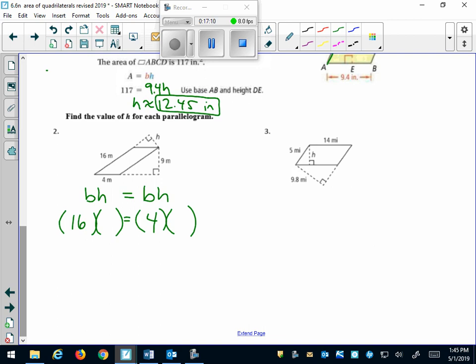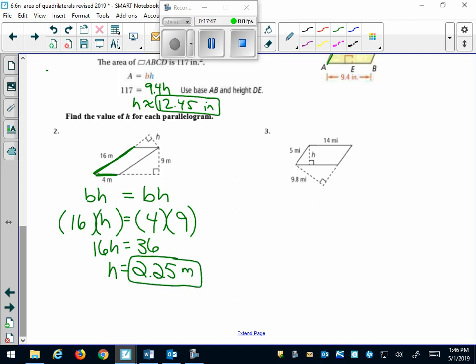If I use 16 as my base, what am I going to use as my height? H. Good. If I use 4 as my base, what am I going to use as my height? So now this is 16h equals 36, and we solve for h. And we get 2.25. And that's just height, so it's meters, not square meters.